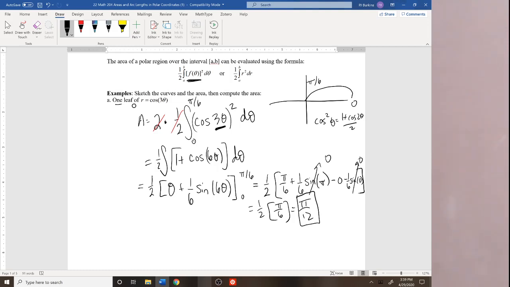Once you get the integral written out, then there's nothing new. This is all review, but the formula is a little different, and finding the bounds is by far the hardest part. So any questions about that one?